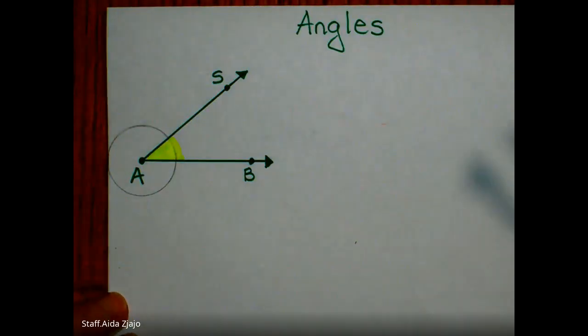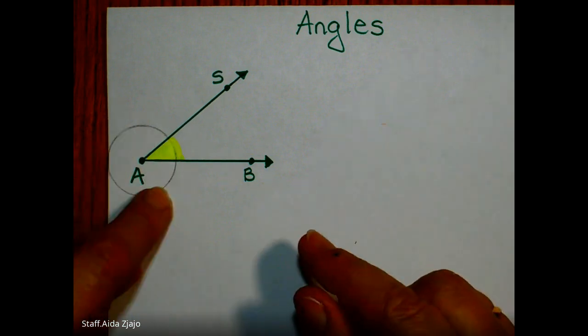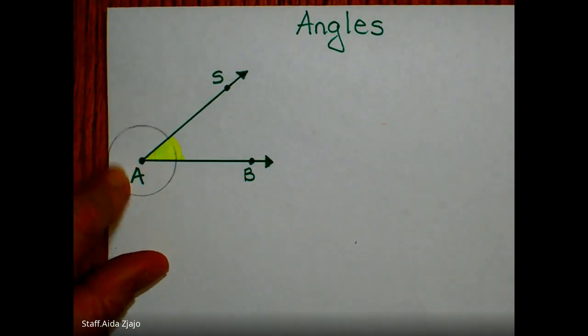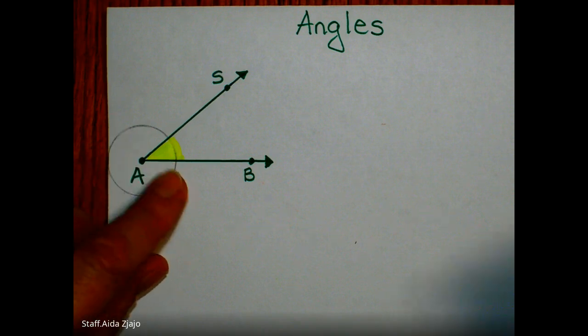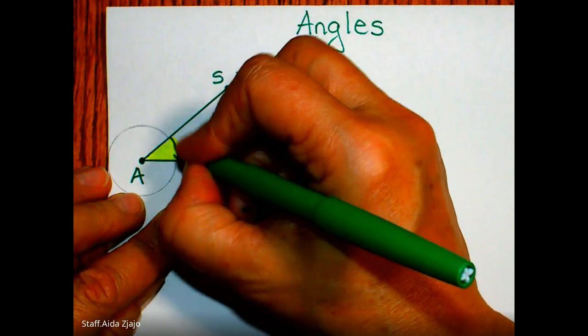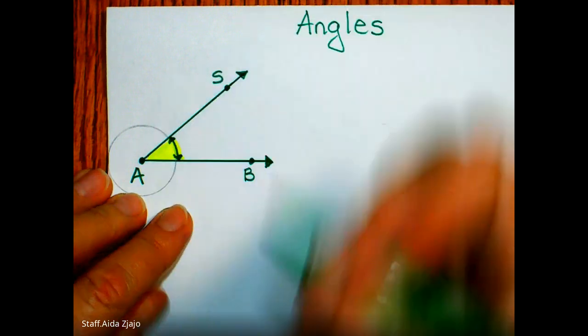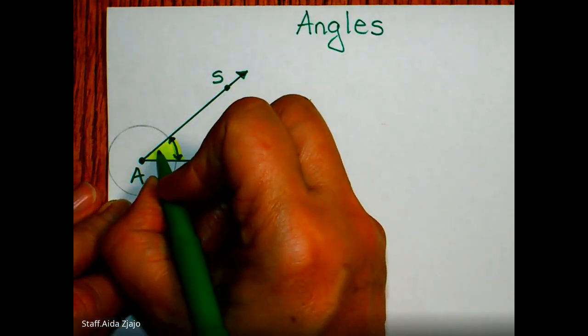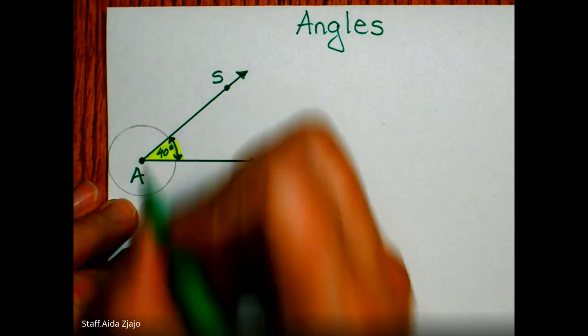So I got it, and this is the reflex angle, the rest of the circle, and this is the angle that we have. We can make a little arc and write inside that we have 40 degrees.